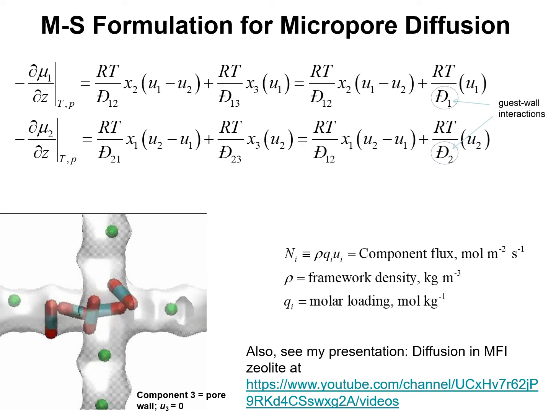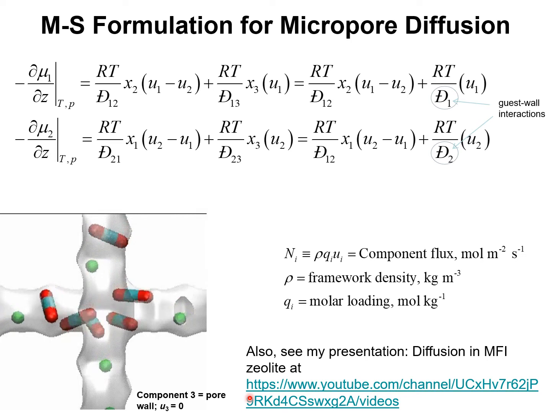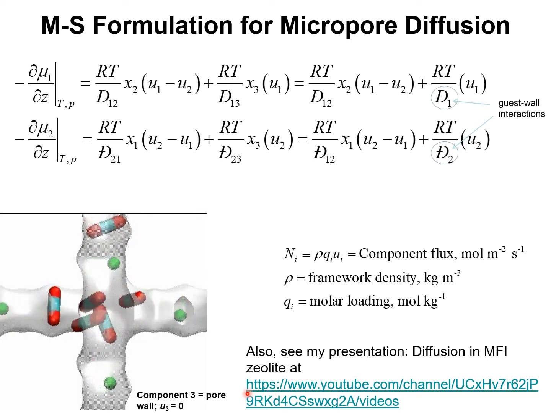In setting up the Maxwell Stefan equations, we use the same formulation as shown in the previous slide for a ternary gas mixture, and we identify component 3 as the pore wall.